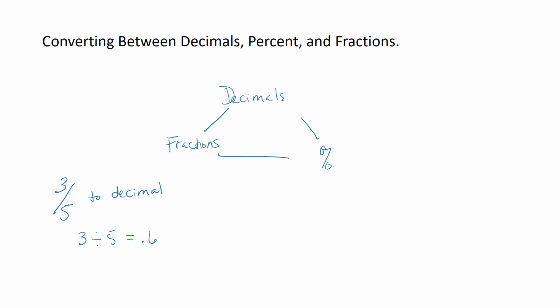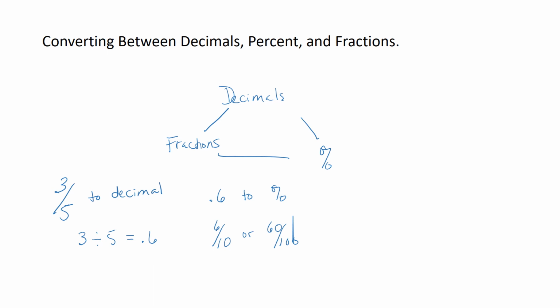Now that I have a decimal, I could just change the decimal to the percent. So this would be how many out of 100? It'd be 6 out of 10 or 60 out of 100.